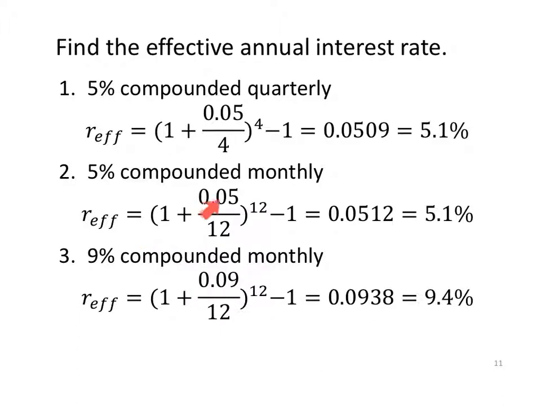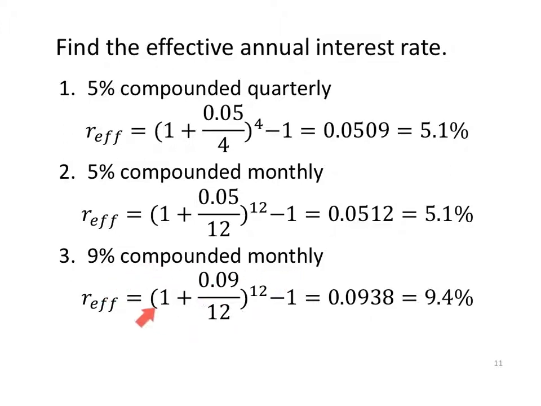That'll be 1 plus 0.05 divided by 12 to the power of 12 minus 1, which gives me 0.0512, also rounds to 5.1%. What this tells me is a 5% compounded quarterly and a 5% compounded monthly, those two accounts, are essentially the same as 5.1% compounded annually. That way I could compare.